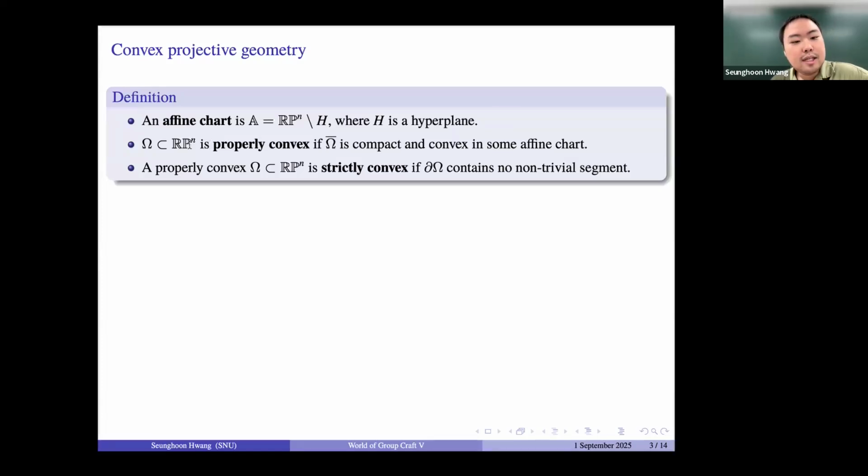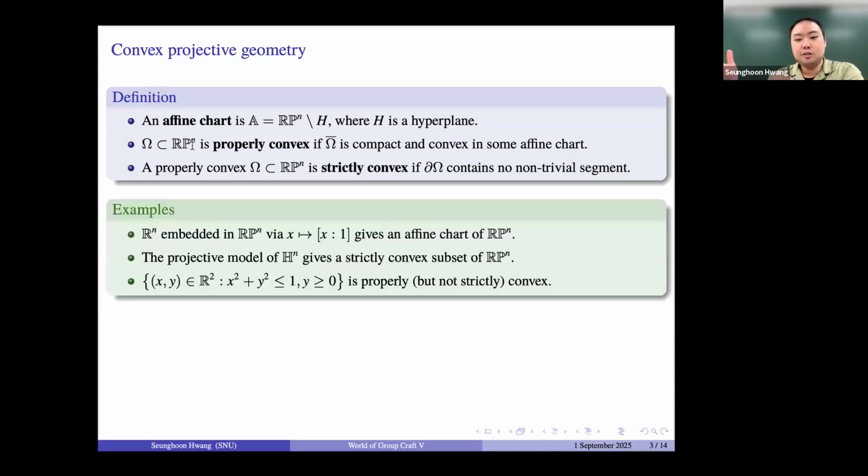And we say that a subset omega in projective n-space is properly convex if its closure is compact and convex in some affine chart. It is said to be strictly convex if the boundary of the subset does not contain any non-trivial line segment.